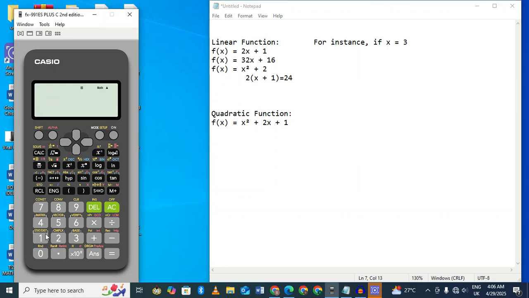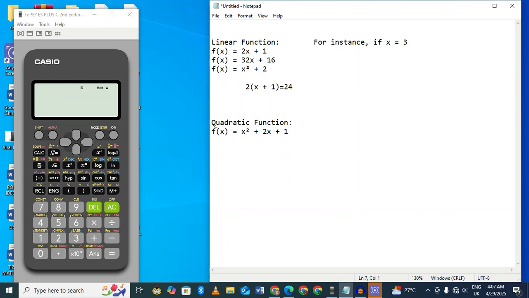So let's give it a shot. 2 into, of course, alpha x plus 1, set it equal to 24. Okay, so we've done that.